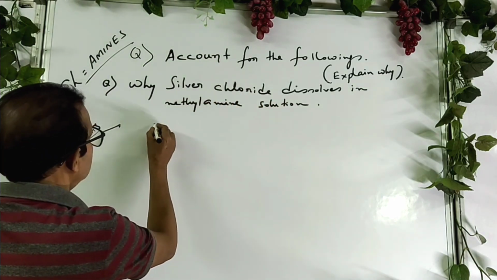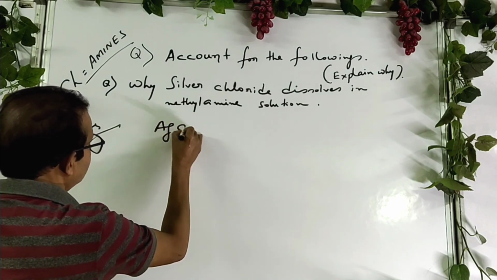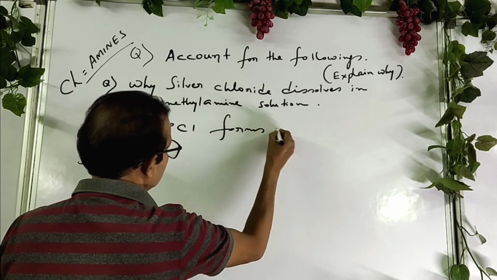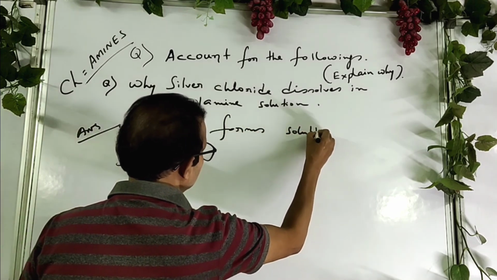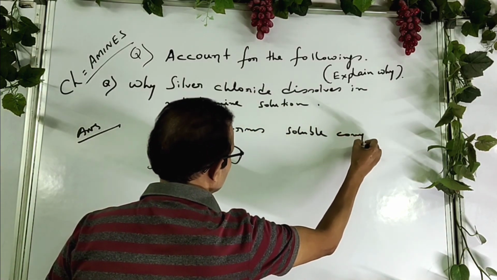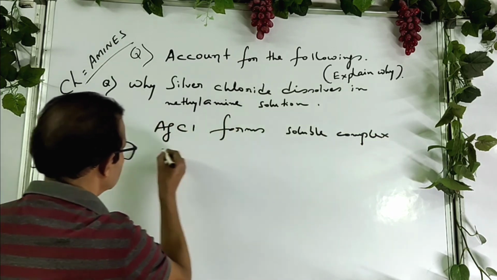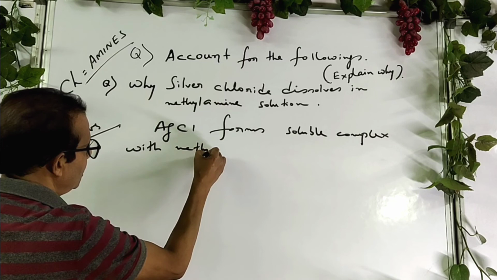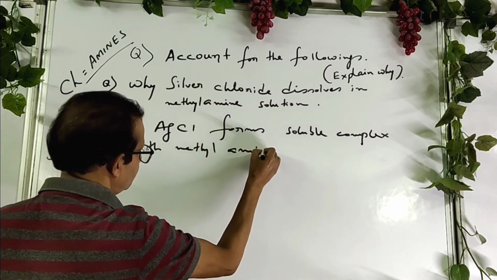Now the answer is silver chloride forms a soluble complex with methylamine.